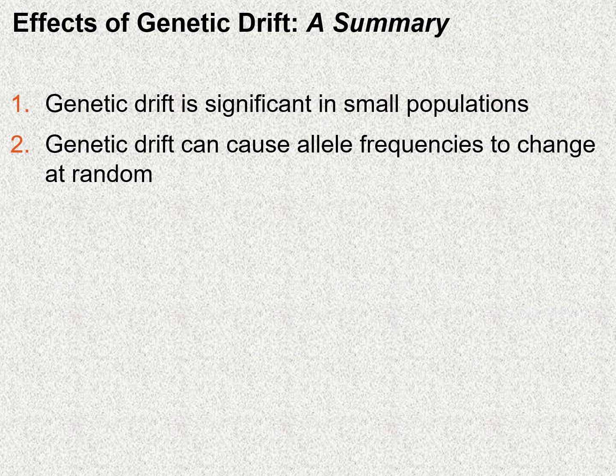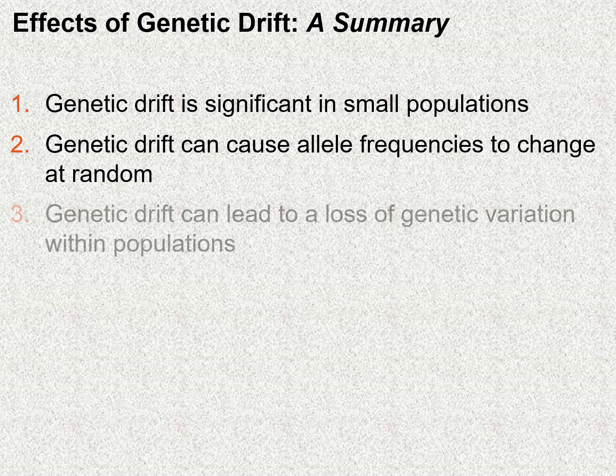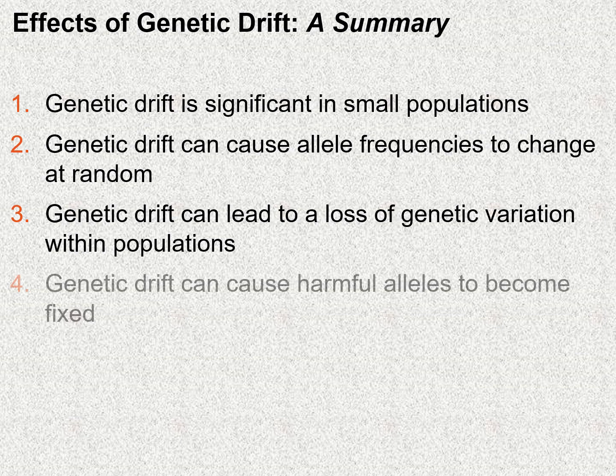These are just random changes in allele frequencies due to population size. Genetic drift can also lead to loss of genetic variation within the population. The loss of genetic variation goes along with alleles becoming fixed. Genetic drift can cause harmful alleles to become fixed.